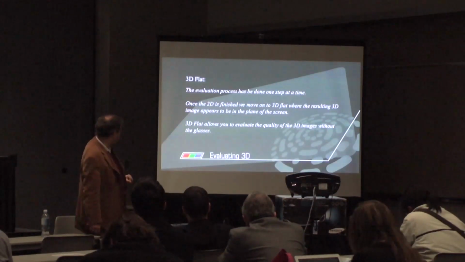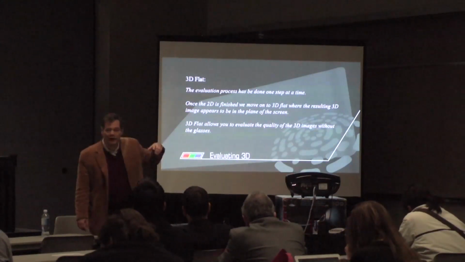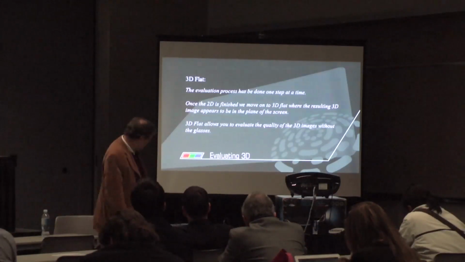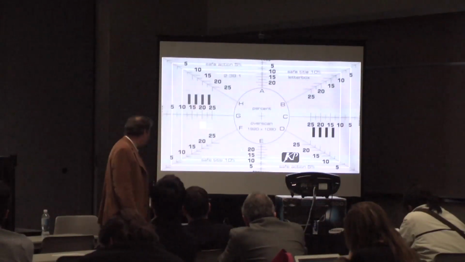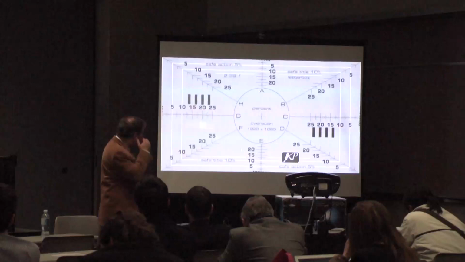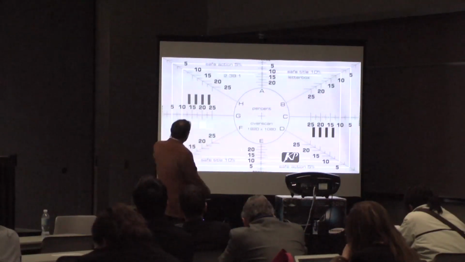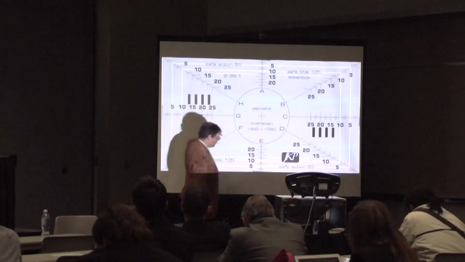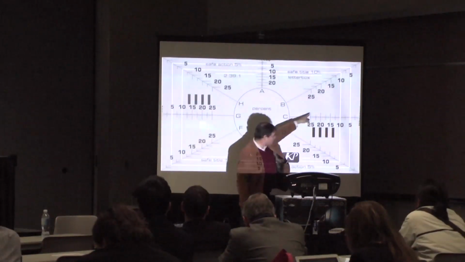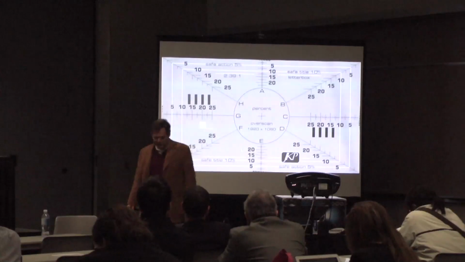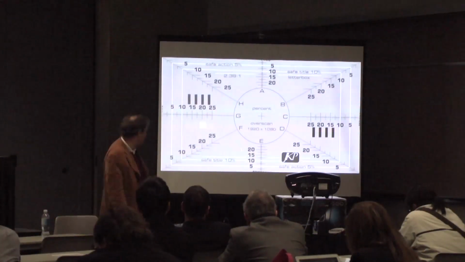Anyway, we've got 3D flat, which allows you to evaluate the 3D display. Now, I've created patterns, which are not showing up in PowerPoint all that well, where I have separate horizontal and vertical, and there is a pixel phase in there, but it didn't quite show up when I put it in PowerPoint.